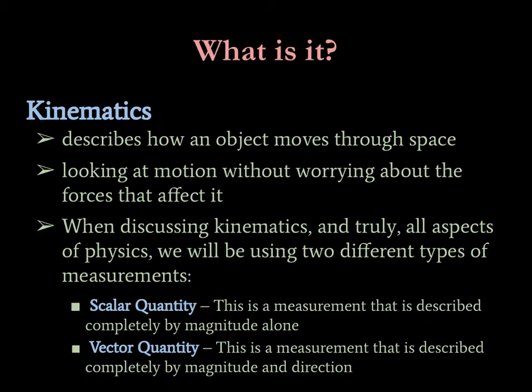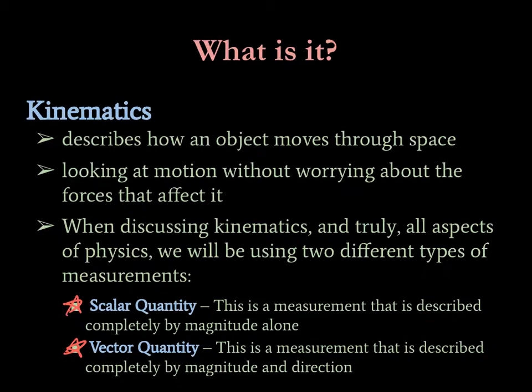But as we go through, we're going to be coming across two different types of measurements, and we've mentioned these before. We mentioned these when we were talking about some of the different math we're going to be using. We're going to be using our scalar and our vector quantities. As a refresher, our scalar quantities are measurements that are described completely by magnitude.